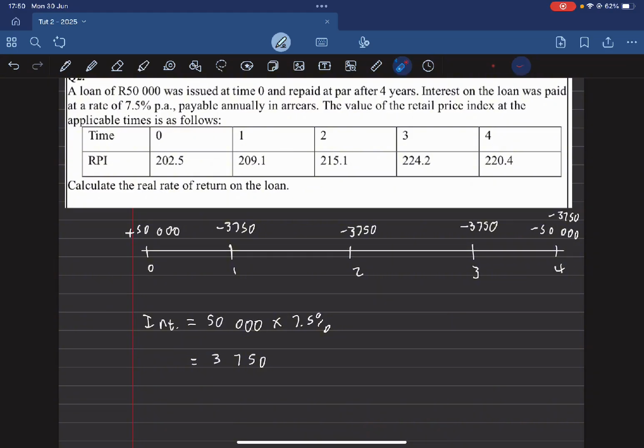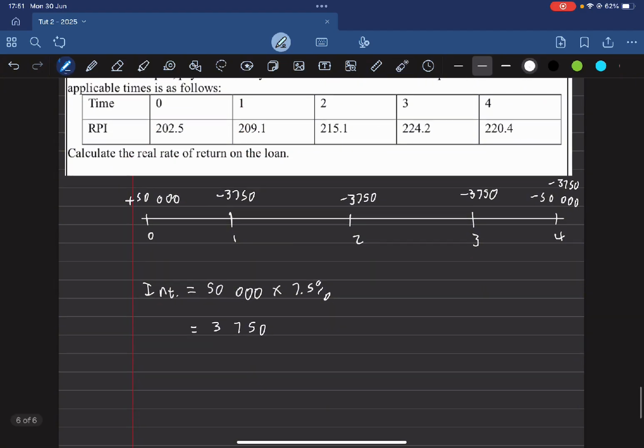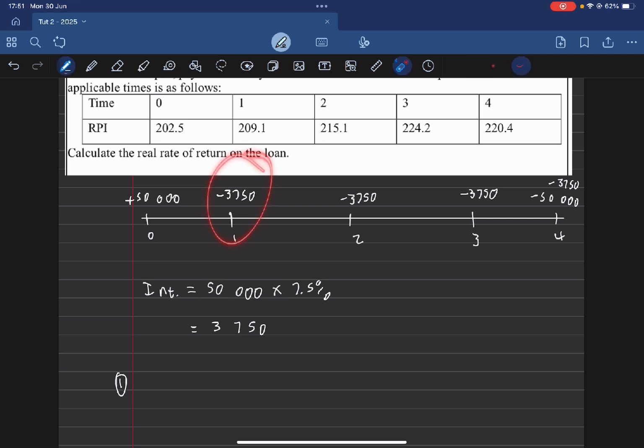So it's asking for the real rates of return, and these are the money amounts or the nominal amounts. So these are the amounts that we actually get, but we want the real rates of return. So we have to adjust these by the retail price index. Let's adjust this first one. At time 1, the retail price index is at 209.1.